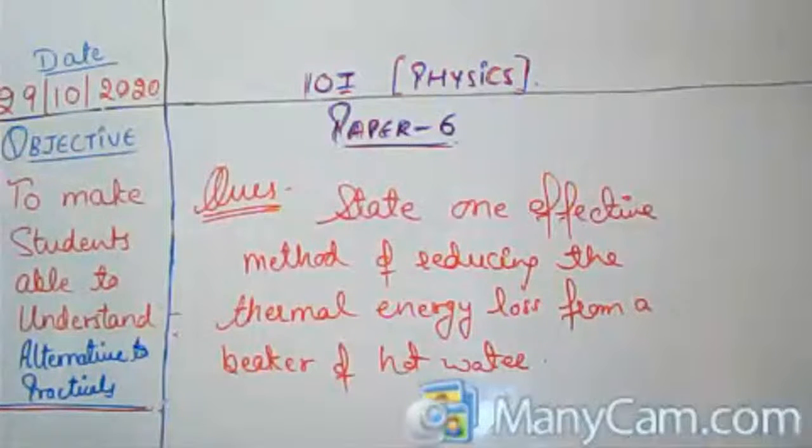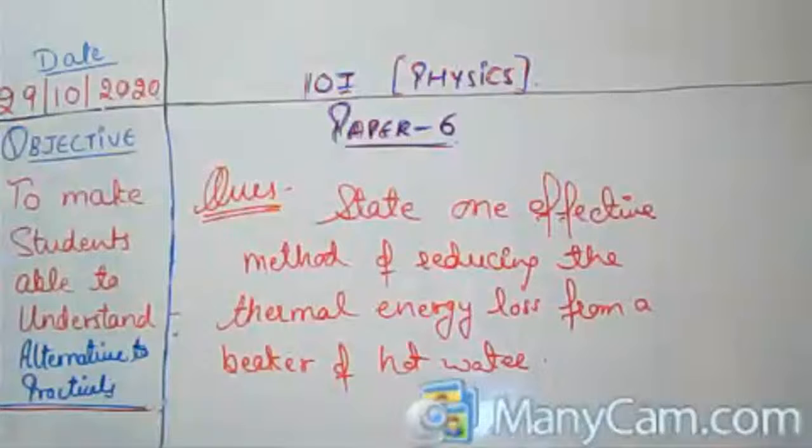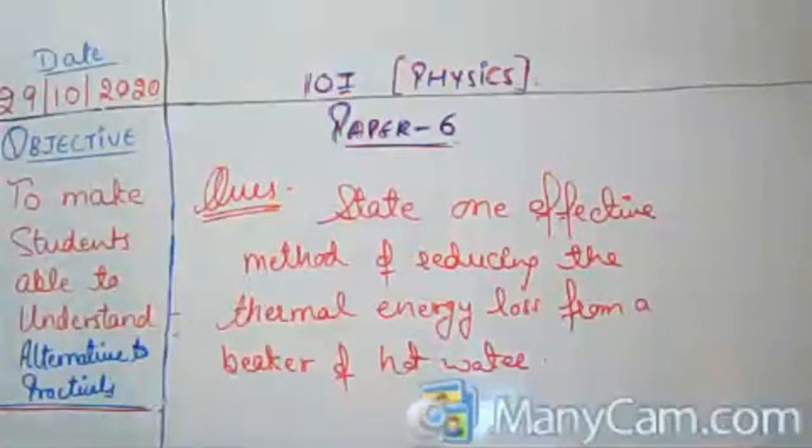Fine. So you want that there should be no loss. Not the water loss, actually the energy loss, thermal energy loss should not happen. What can be the effective method to do so? Hanji, you want to prevent the loss of thermal energy from the beaker of hot water. Which is the effective method to use?